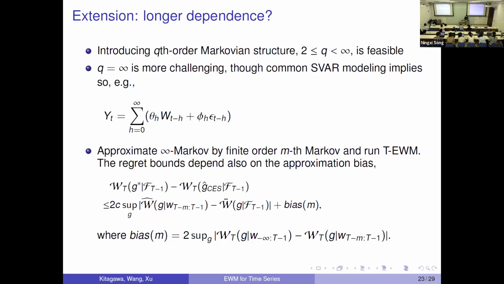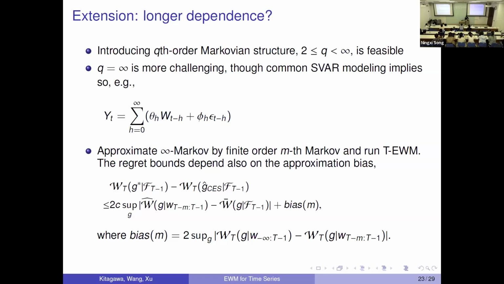We also have some extension to infinite dimensional models, where we need to rely on some sort of truncation. The details are roughly summarized on this page. Basically, if we have infinite dimensional data dependence, we have to do some truncation, and the truncated part becomes a bias term, and the convergence rate is also contaminated by this bias term.